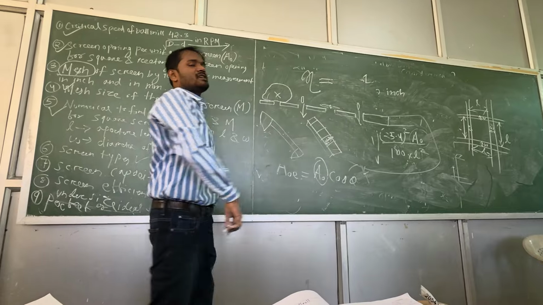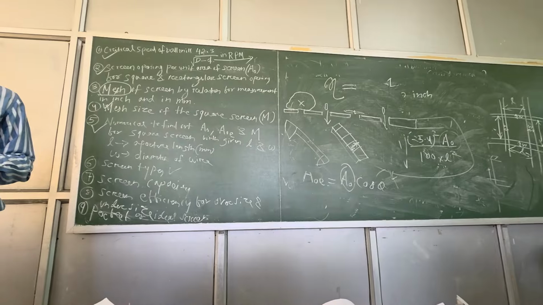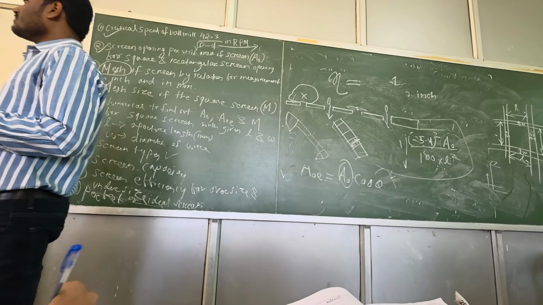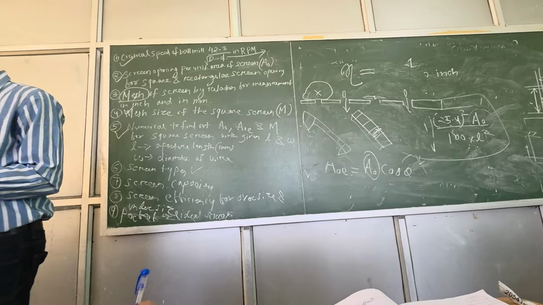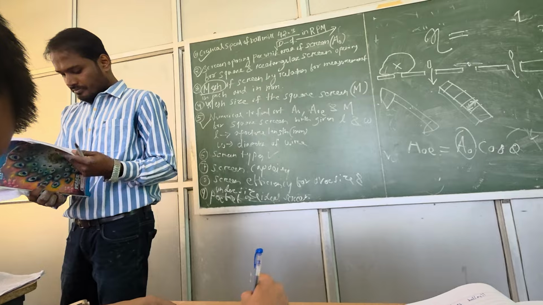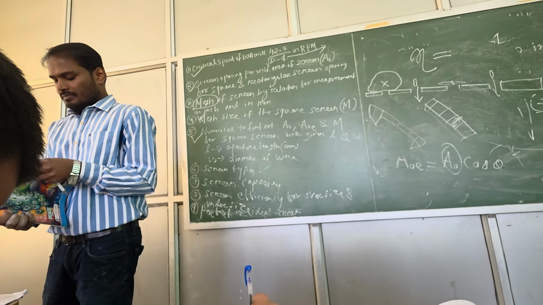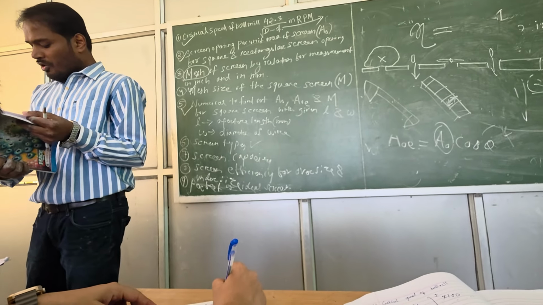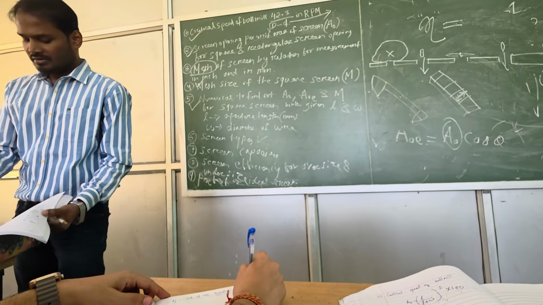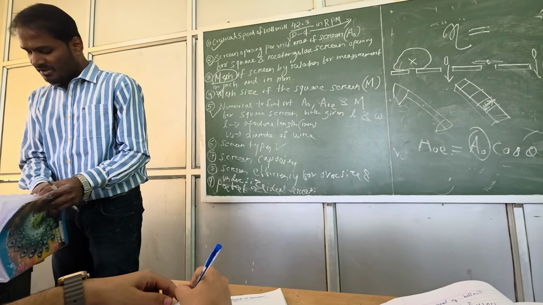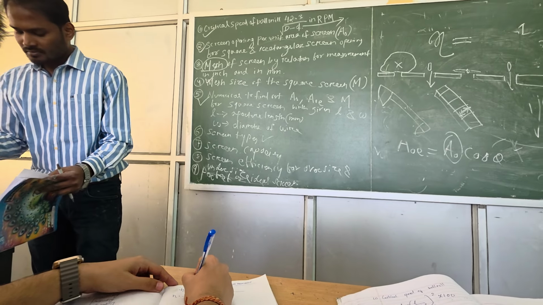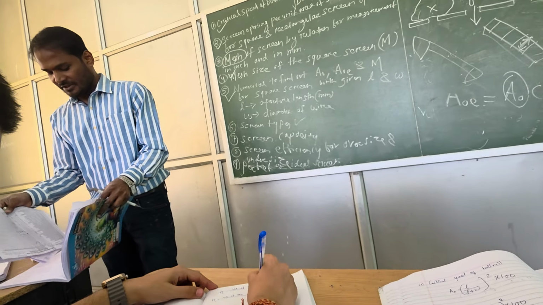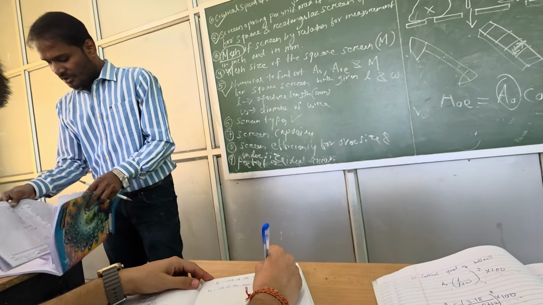So screening efficiency for oversize is nothing but the weight of the overflow particles obtained from the screen divided by the weight of the actual oversized material.